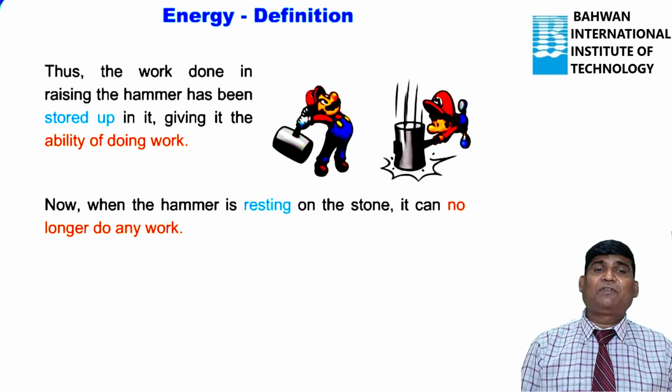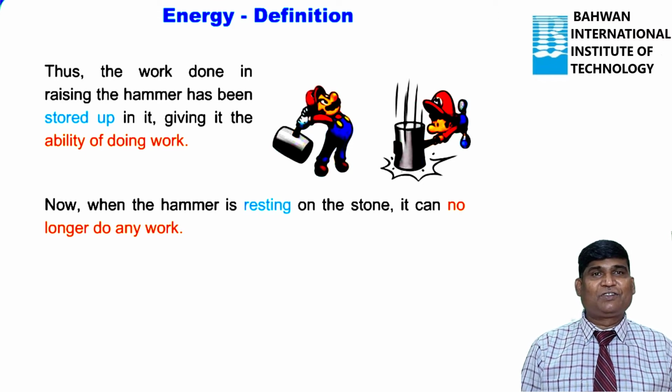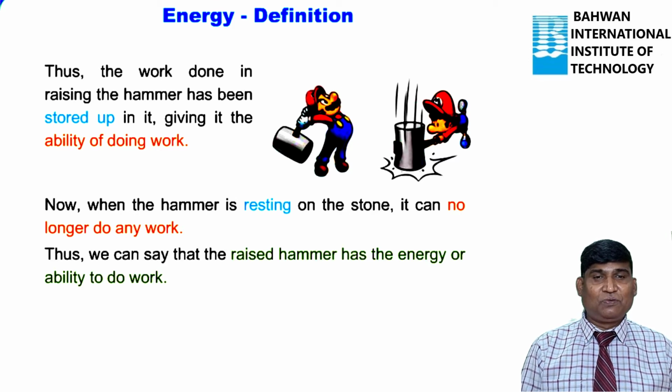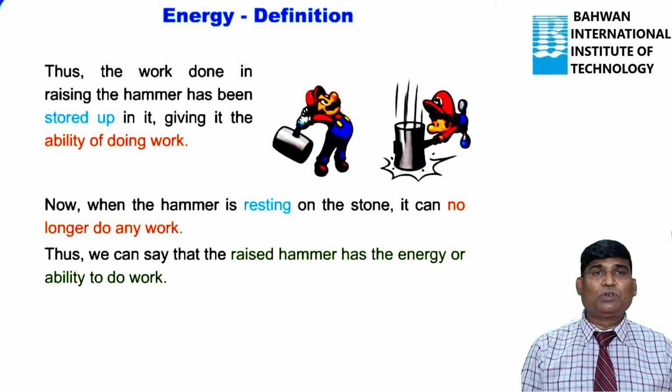When the hammer is resting on the stone, if you observe carefully, is it going to do any work? No, it can no longer do any work on the stone. Only the raised hammer, when it is allowed to fall, will break the stone. That means the raised hammer is doing work because it got energy, and because of that energy it is able to do work.